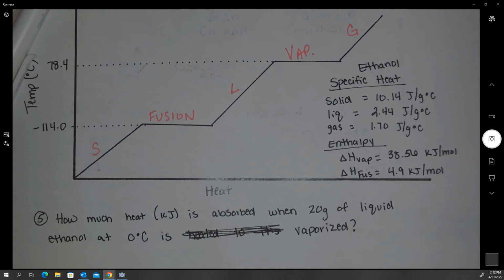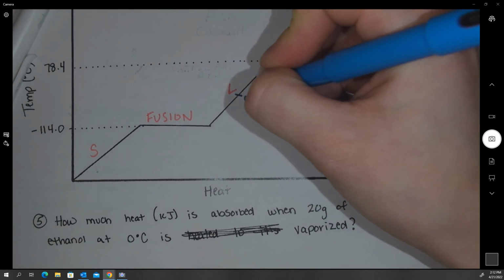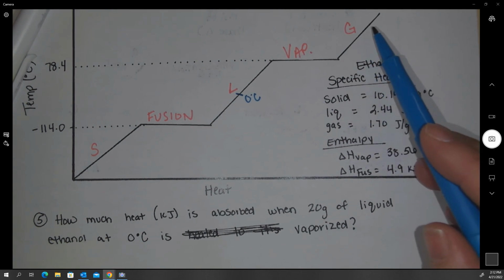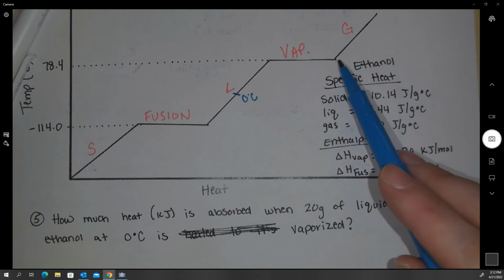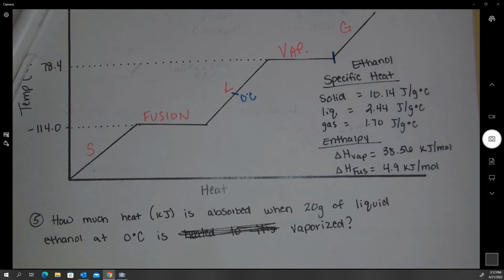No, it's not. 0 degrees would probably be right about here. If I want it to completely vaporize, am I going to go all the way through the gas state? Am I going to end up here or at the end of this line? End of that line. Very good. So this is completely vaporized.